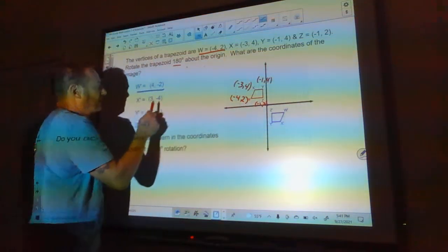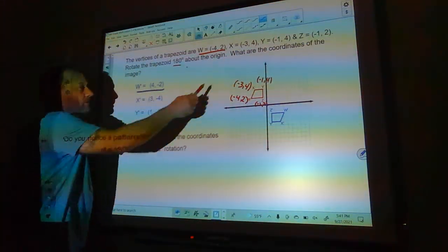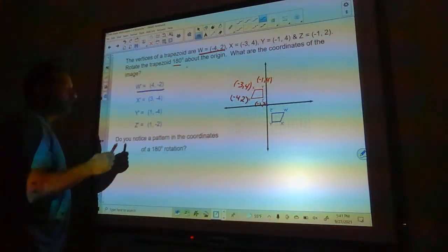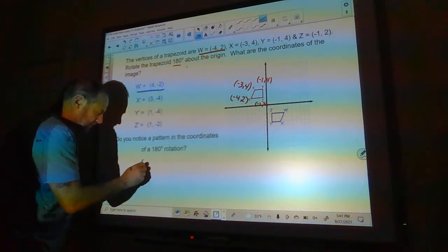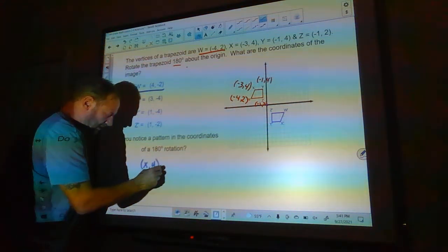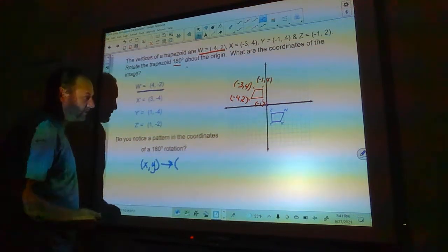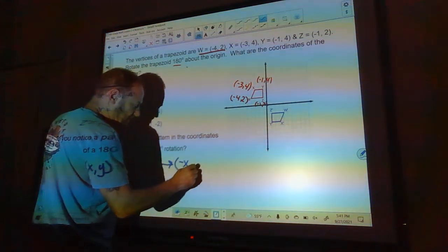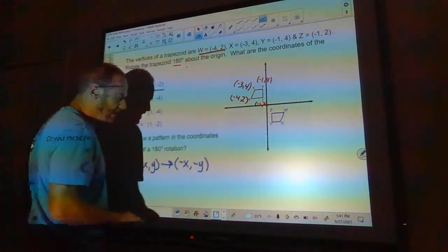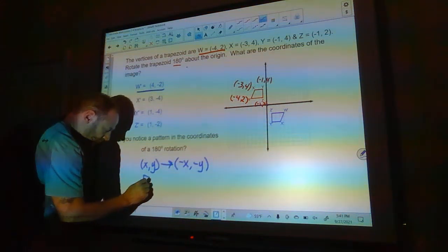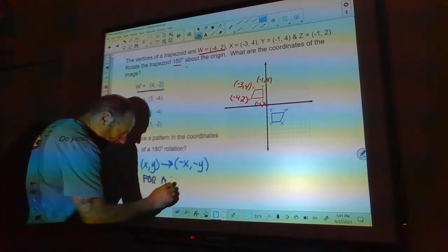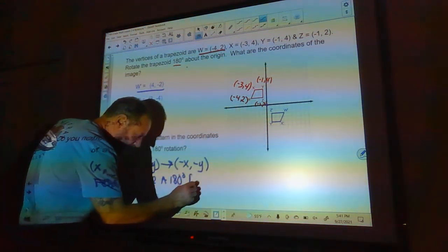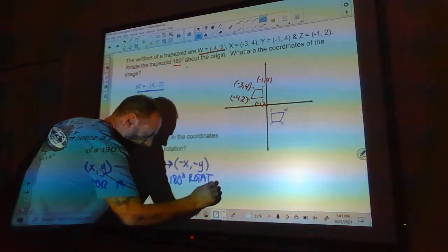Negative 3, 4 becomes 3, negative 4. Negative 1, 4 becomes 1, negative 4. So we can say that here's the mapping: x, y goes to negative x, negative y for a 180-degree rotation.